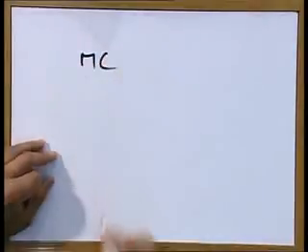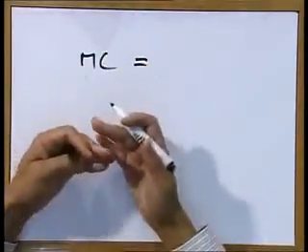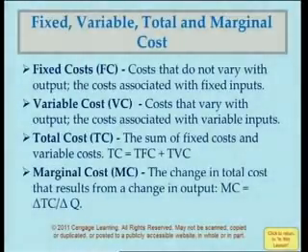Now the last concept, which is also critical for the following chapters, is your marginal cost, your MC. What is MC? Marginal cost simply means the additional cost, because marginal means additional. If you look at the slide there, it is the change or the additional cost that results from a change in output.